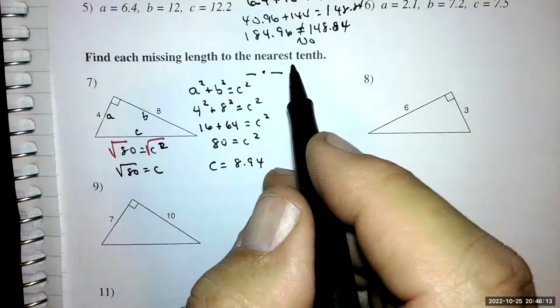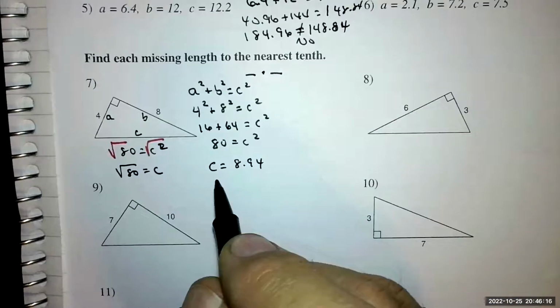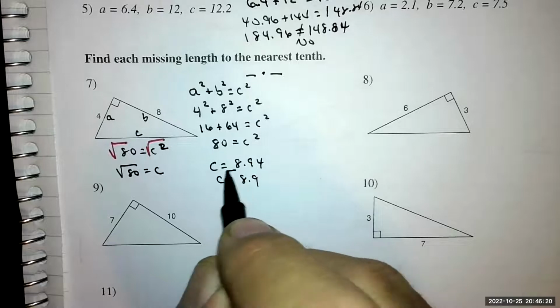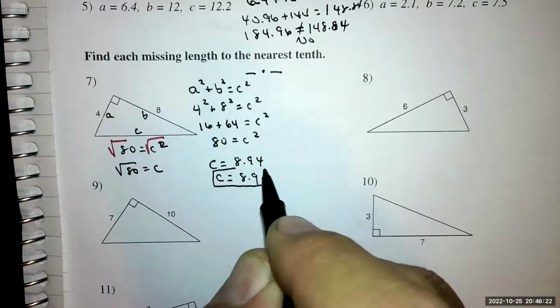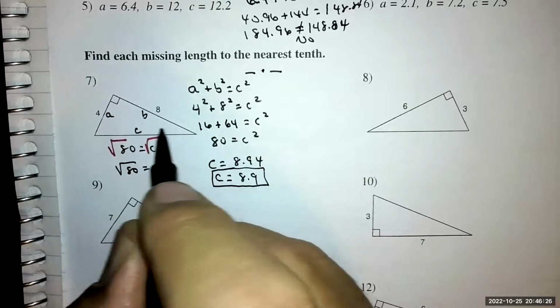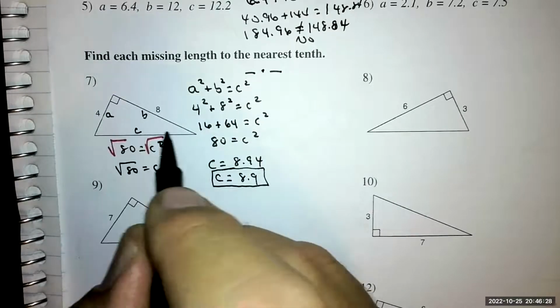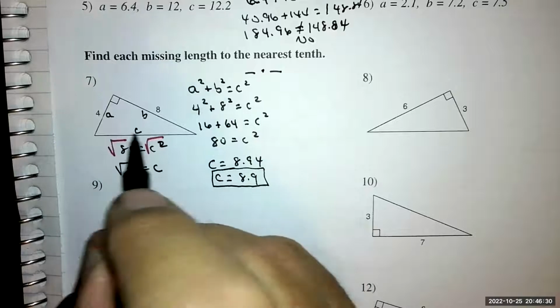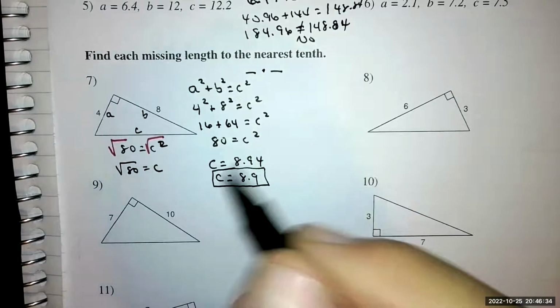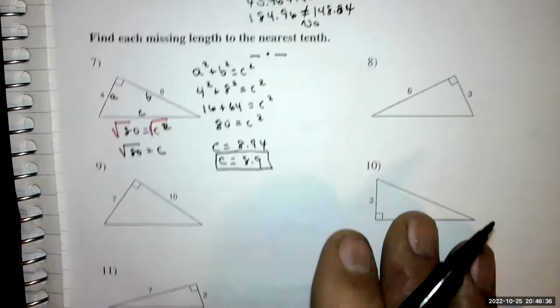Now remember, it wants the nearest 10th. So my answer really is c equals 8.9. All right, so that's my answer. That's how long that c is right there. It's 8.9 right here. And you got to check, is this supposed to be the longest side? Is 8.9 the longest, biggest of the three numbers? Yes, it is.